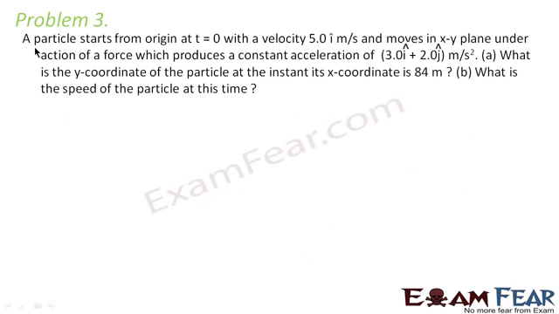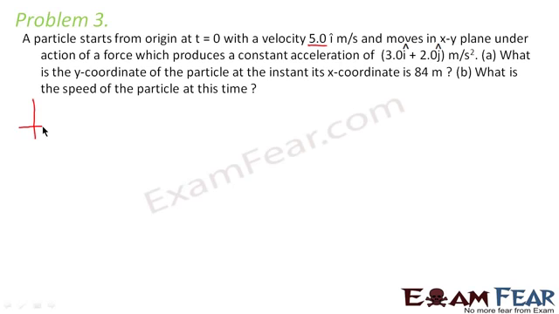Here the problem says a particle starts from origin at t equal to 0 with a velocity of 5 i cap meter per second and moves in the xy plane under the action of a force which produces a constant acceleration of 3 i cap plus 2 j cap meter per second square.